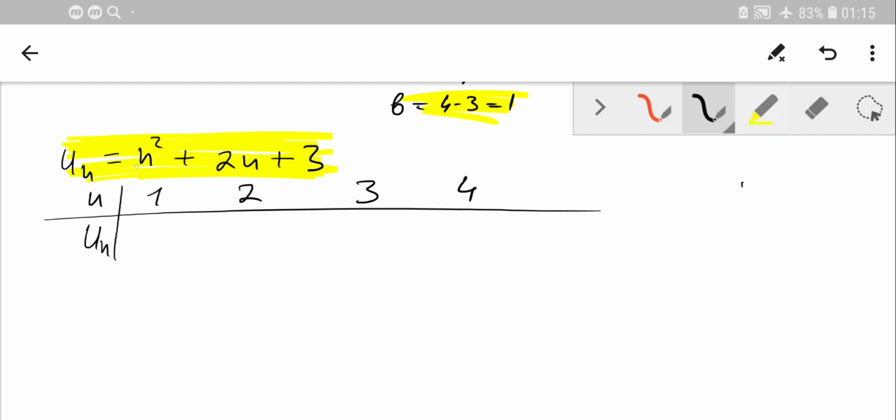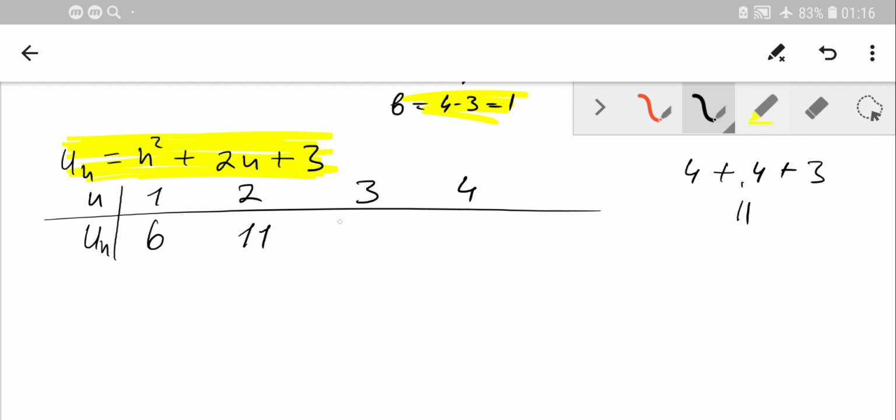When you put 1, you'll get 1 plus 2 plus 3, so you'll get 6. Okay, so the next one, 2, you'll have n squared, so it's 4. So let's calculate: 4 plus 4 and plus 3. All right, so you'll get 11 here. And let's plug one more.